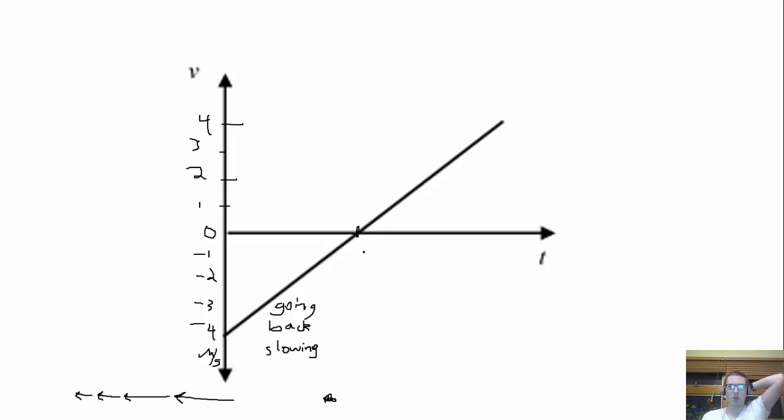But here you stopped, and then in a given period of time, you're not moving, and then you start accelerating. So here, maybe I'll change colors so you can see a little bit better.